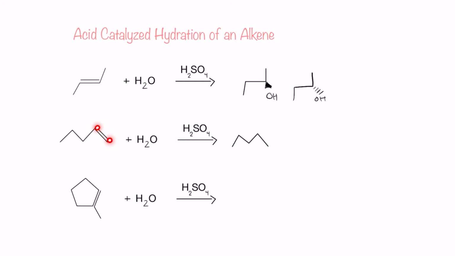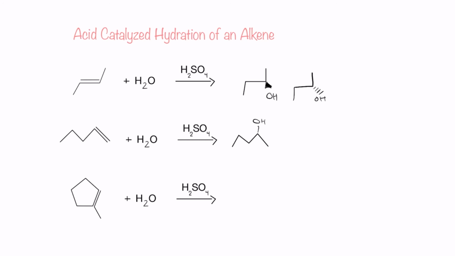Now which carbon is it going to form on? It's going to form on this carbon because this carbon is more substituted. And so it would form a more stable carbocation intermediate over here rather than over here. So we know that our carbocation intermediate is going to be more stable, secondary-wise, and that our alcohol group is going to join to that carbon.